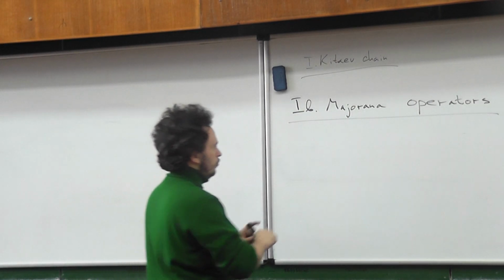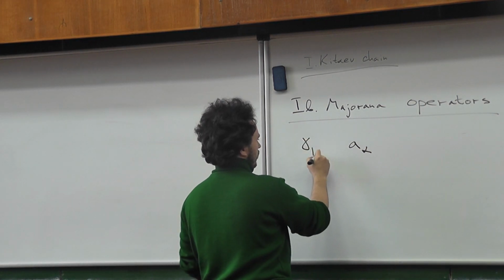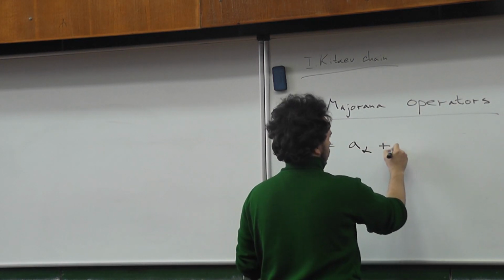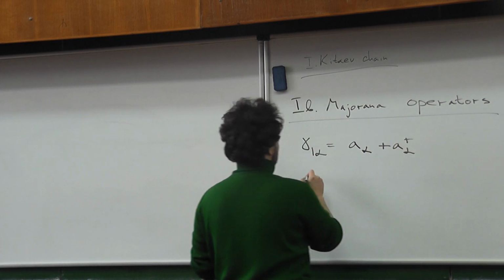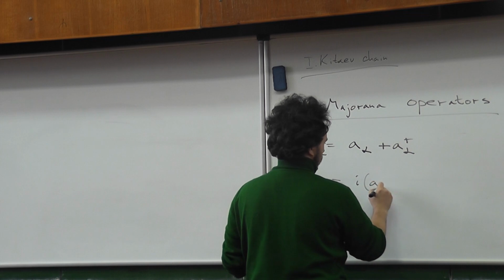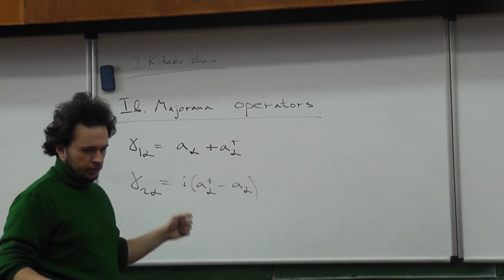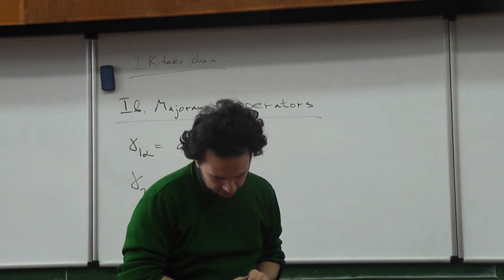So let me take an operator A alpha, and let me define gamma 1 alpha like this, and gamma 2 alpha like this. Okay, I need to check the sign of the definition, yes.